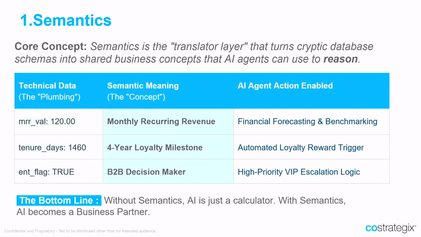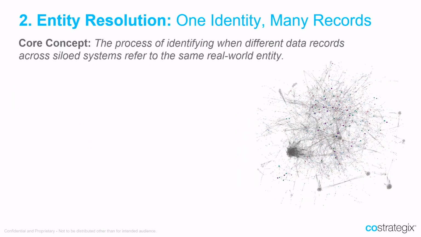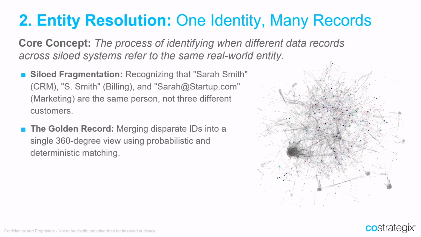So number two is entity resolution. Sarah may be in a CRM system as Sarah Smith, Sarah at startup.com, so many different identifiers, right? All of them are not different entities or different customers. They're the same person. So that's merging the disparate records and having one. That's your master data management principle that continues to apply today.